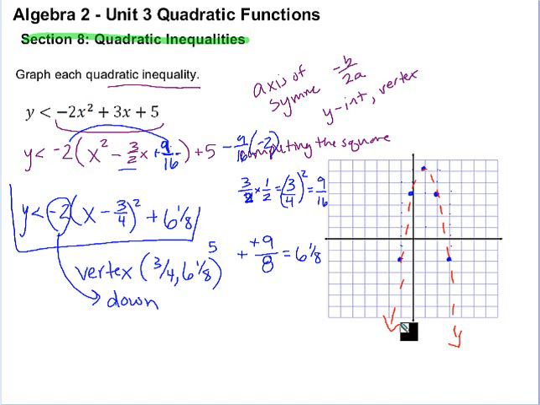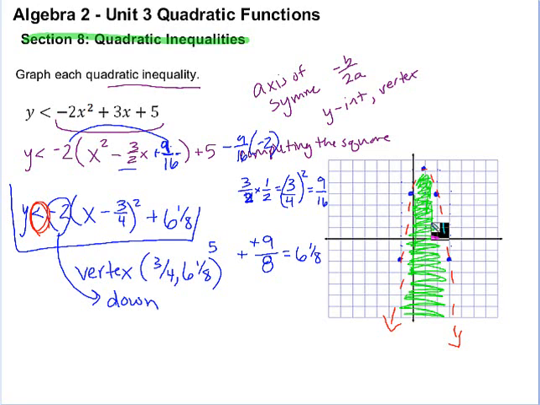Okay, so there's our quadratic graphed as a dashed line. And the less than sign tells us where we cross the y is right here. So we want to be shaded on the values that are less than that, which are these. So this quadratic would be shaded right here. So that's how we would graph our quadratic inequalities.